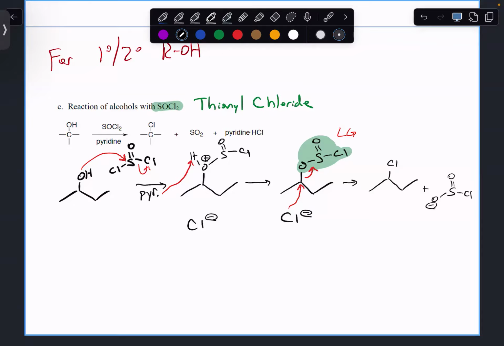Now, an interesting fact about this reaction is that SO2Cl breaks down to that.